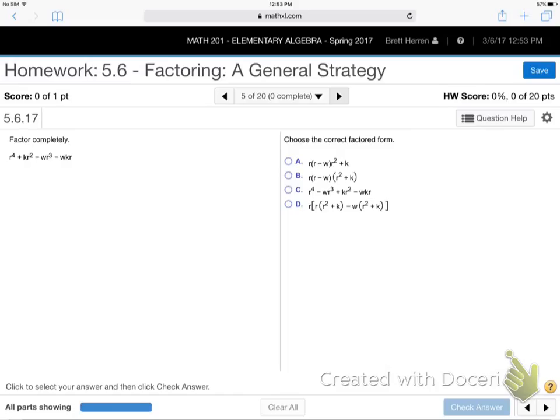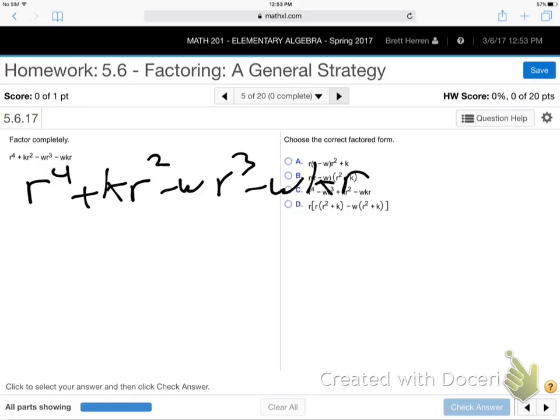Feels messy. All right, so r to the fourth plus kr squared minus wr cubed minus wkr. What a mess. So try that one.